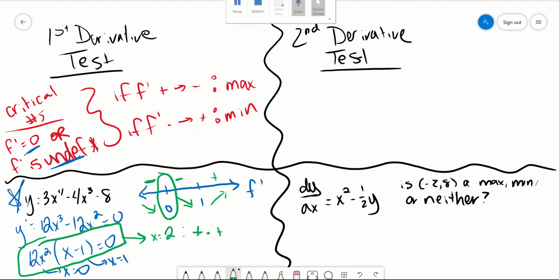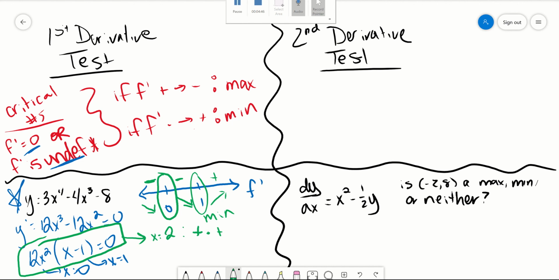So it's just a critical number. It's not a maximum. It's not a minimum. This one, though, changes from negative to positive. So if it changes from negative to positive, that's going to make it a minimum. So this graph would have no relative maximum, but it does have a relative minimum.